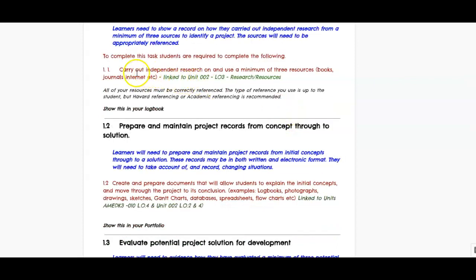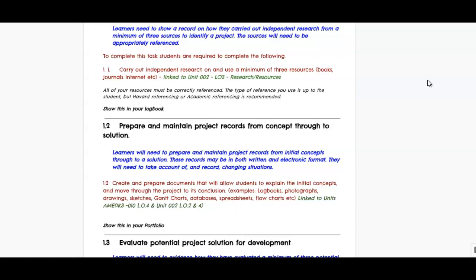So what you've got to do for your first one is carry out independent research and use a minimum of 3 resources. Now, if you go back to the communication unit, you created a project where you were given an engineering problem, obviously the water mill producing water for a village, electricity, and all that sort of stuff, and you had to carry out your own research and use resources.